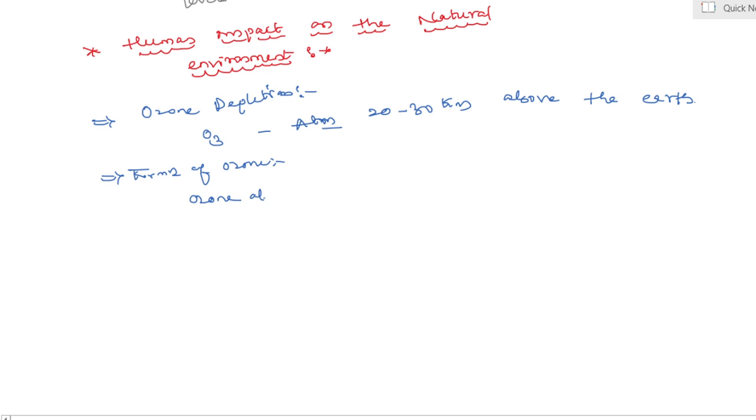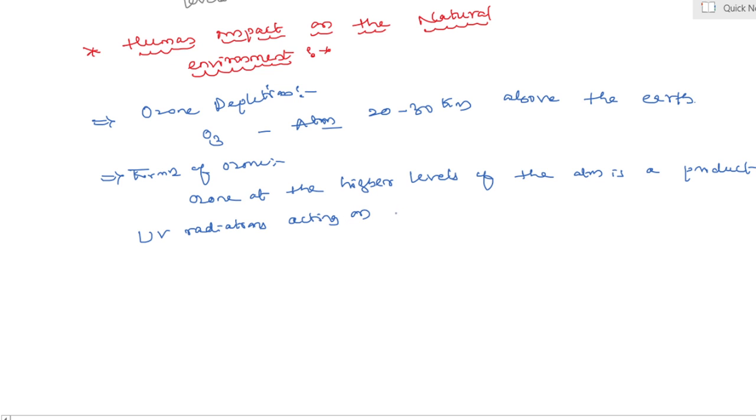Ozone at the higher levels of the atmosphere is a product of ultraviolet radiations, UV radiations, acting on oxygen O2 molecules.